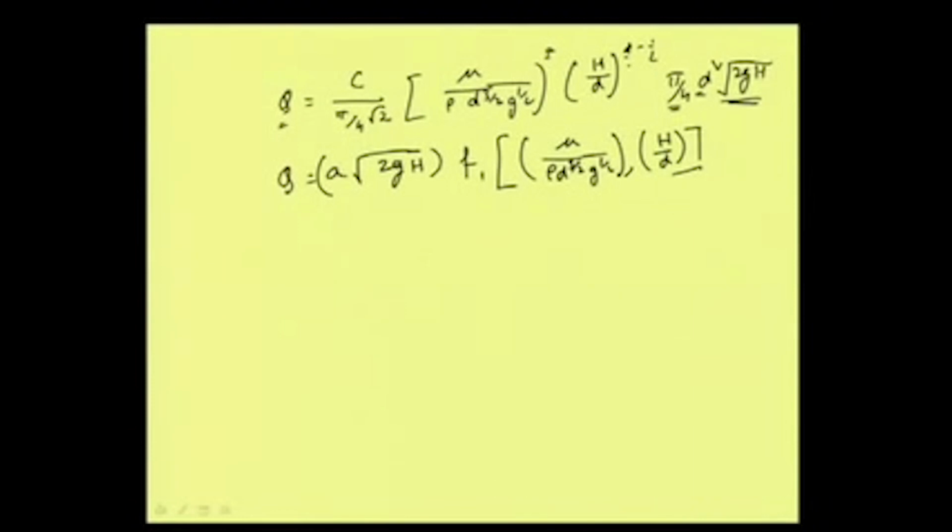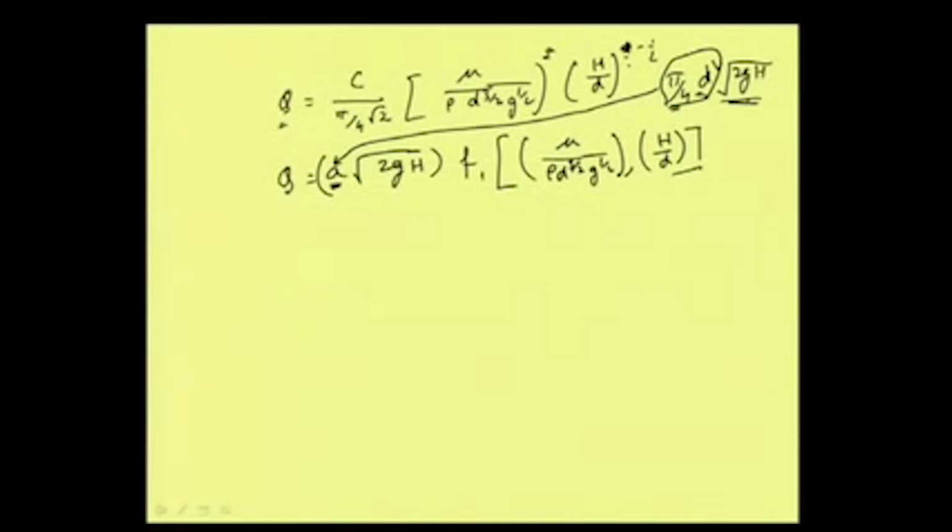Okay. So, where is this A coming from? A is nothing but pi by 4 D square. That value we are writing as A here. So, A root over twice GH we are keeping here, Q is equal to, and the other things which we do not know because the powers, the exponents A and D, are there.